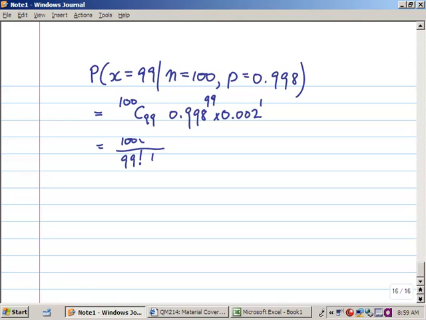On the top line you get 100 times 99 factorial. 99 factorial cancels, you're left with 100 times the rest: 0.998 to the 99th power times 0.002 to the 1 power, just as it is.